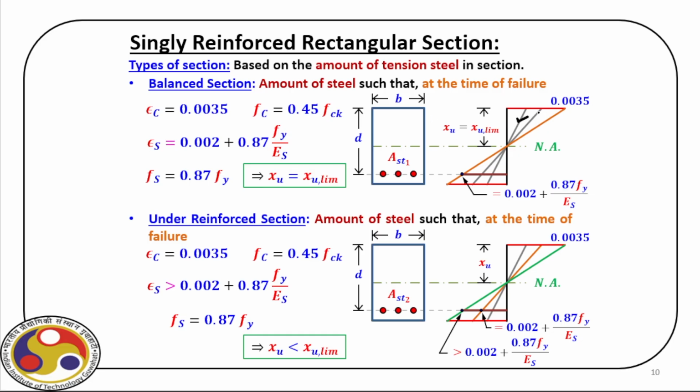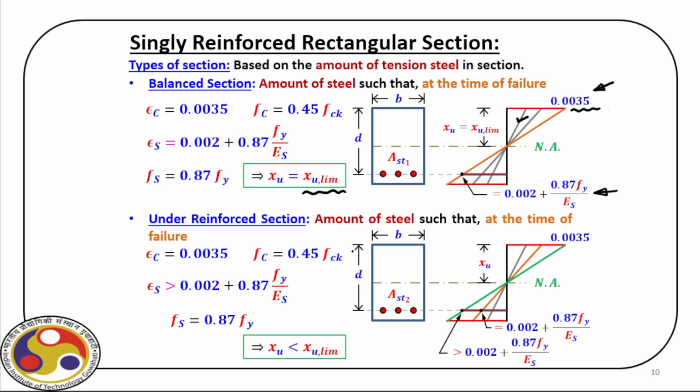As we increase the stress, ultimately it reaches 0.0035 for the concrete, and at the same time for steel, this is the amount of strain. And so these two peak strains at the extreme fibers dictate whether we have achieved a balanced section or not. And in that case, XU is XU limit, and we have already evaluated the expression for XU limit.